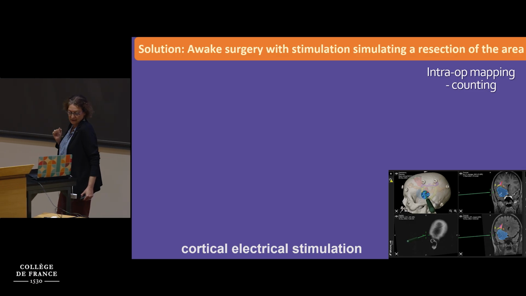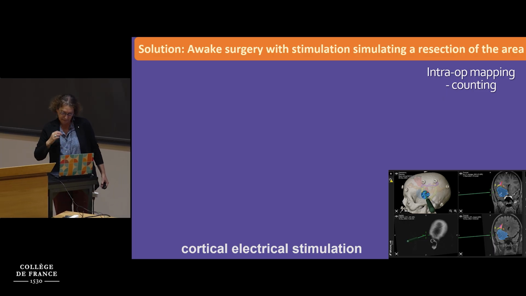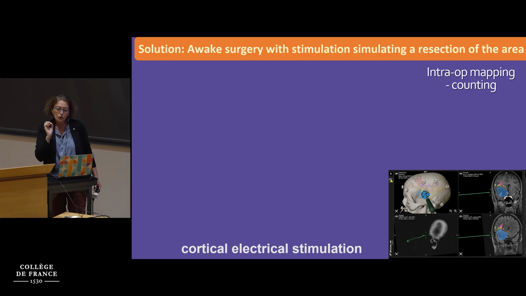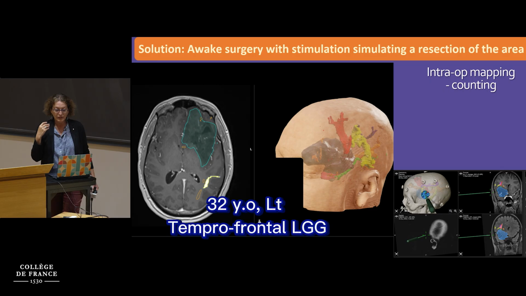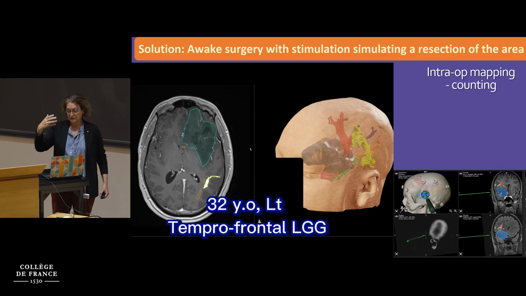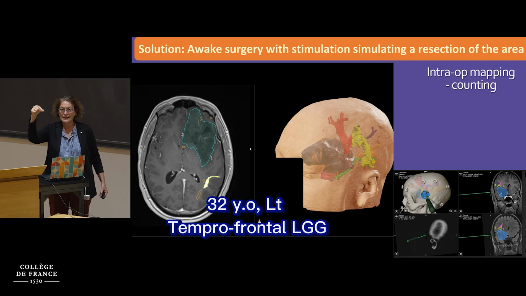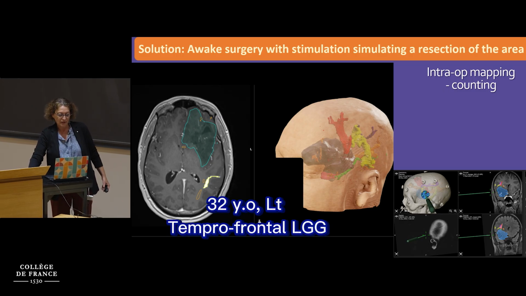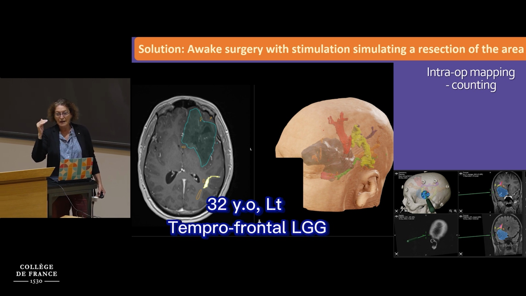So I'll show you first, I'll just show you how it looks just with counting. So a patient is already during awake surgery with this electrical stimulation. And you will see that he counts, and after, at some point, he can't speak.